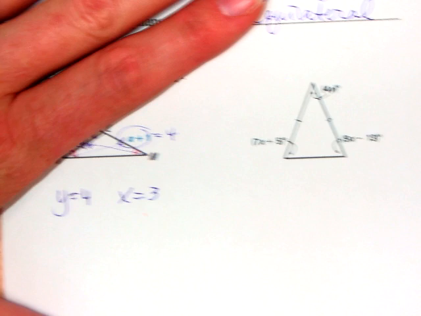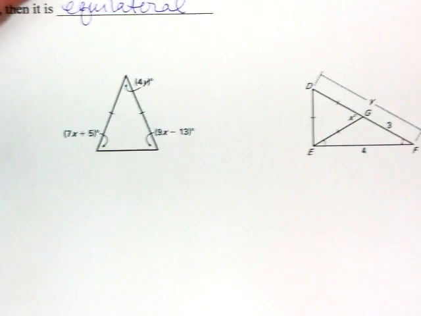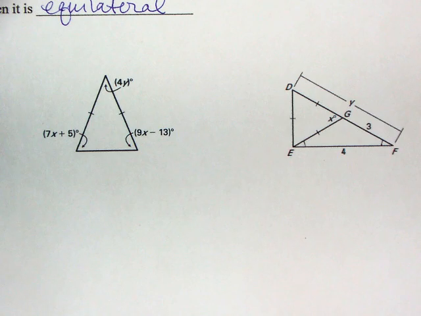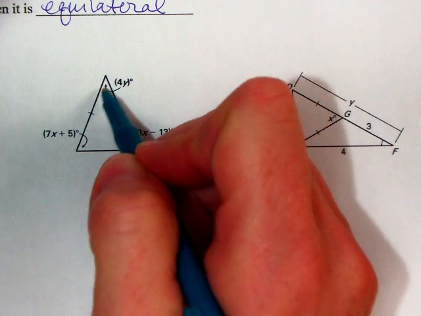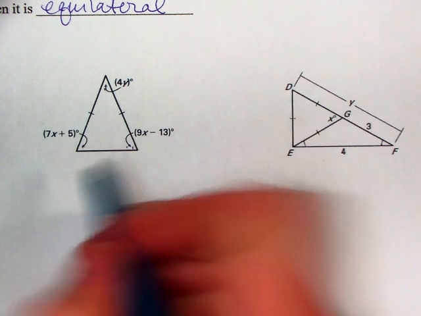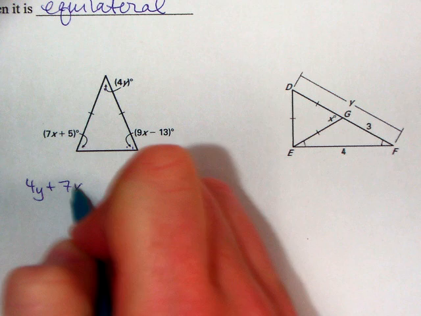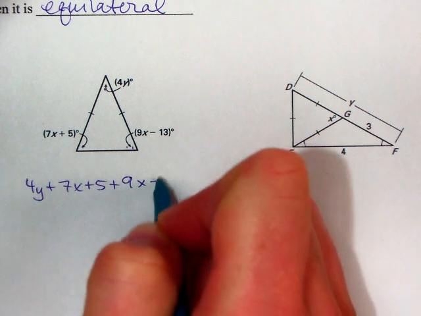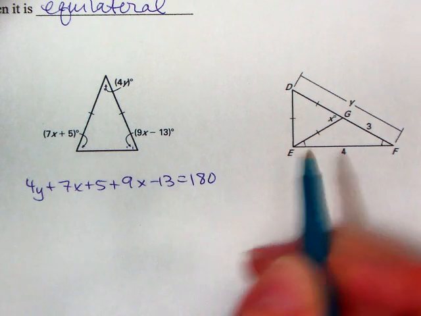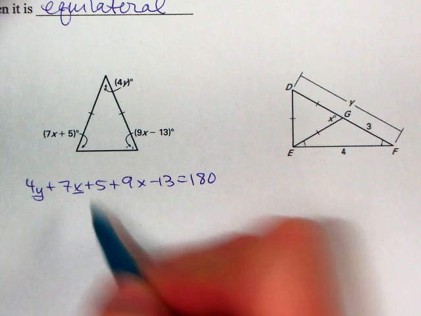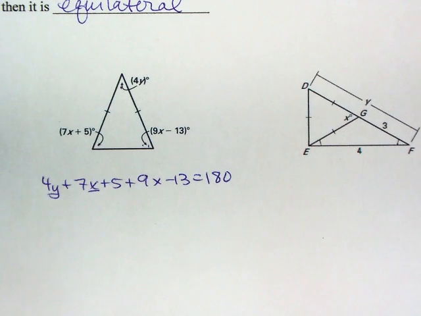We're going to give you a little bit of information and then kind of expect you to use isosceles and equilateral triangles to get you everywhere else, okay? So in a triangle, we know that all of these add up to 180, and you can do that. 4y plus 7x plus 5 plus 9x minus 13 equals 180. The problem is that you have a y and an x, so we need to come up with a slightly different way to do this one.